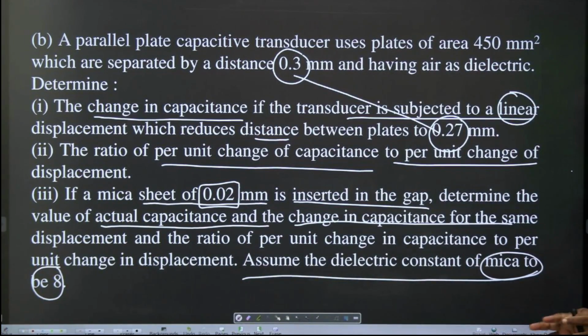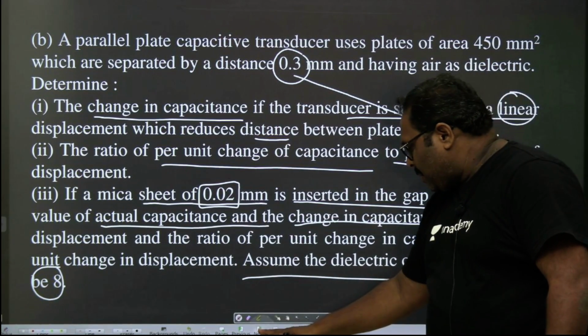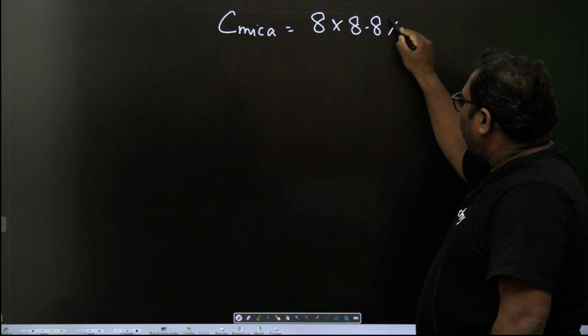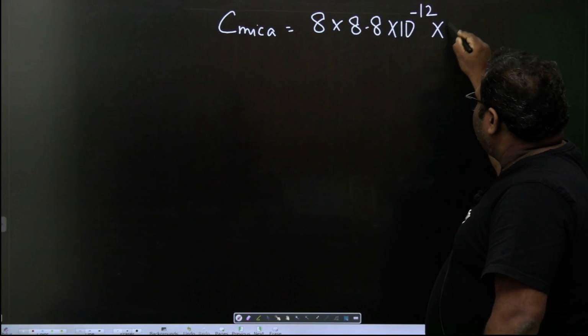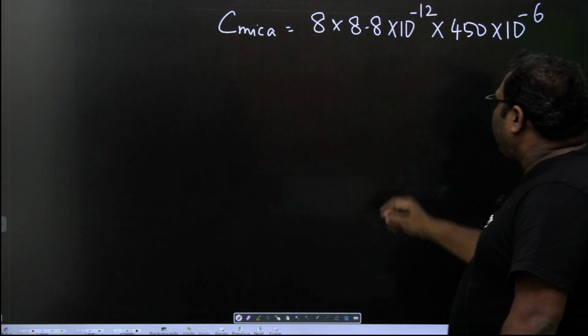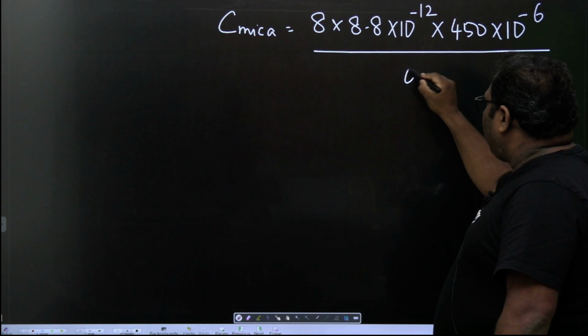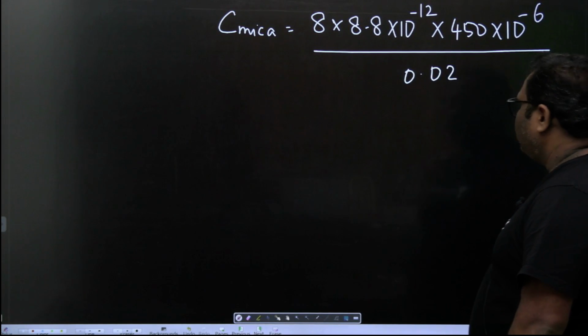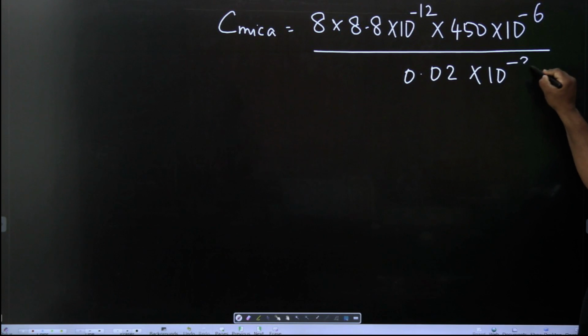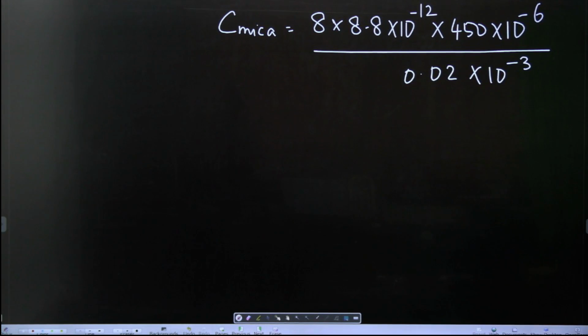Assume the dielectric constant of this to be 8, into 8.8 into 10 power minus 12. एरिया तो कोई चेंज नहीं होगी, 450 mm square by 0.02, very less, into 10 power minus 3. This is what you should expect.